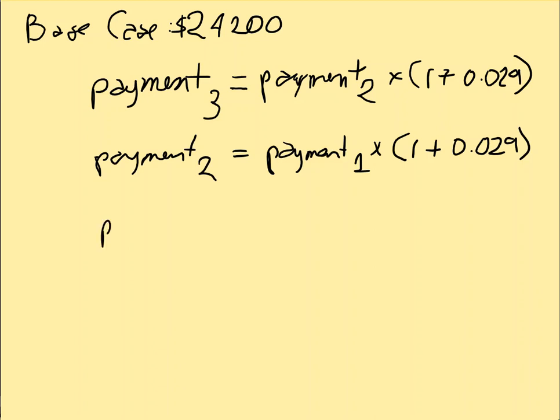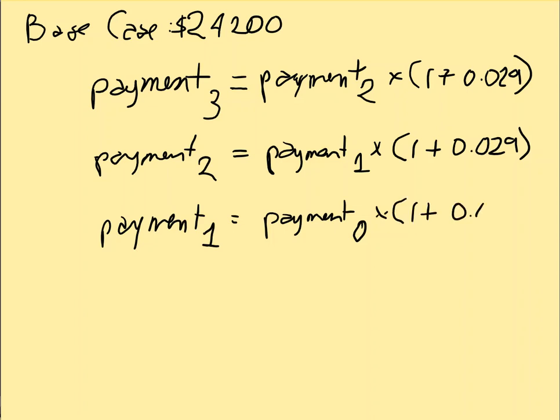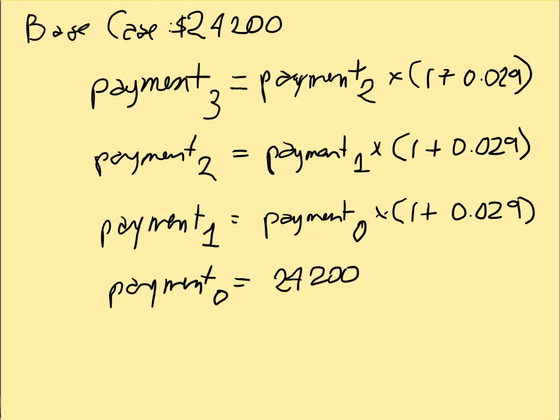Well, the payment in year 1 is going to be the payment up front, or the payment in year 0 if you want, times 1 plus 0.029. And what's the payment in year 0?